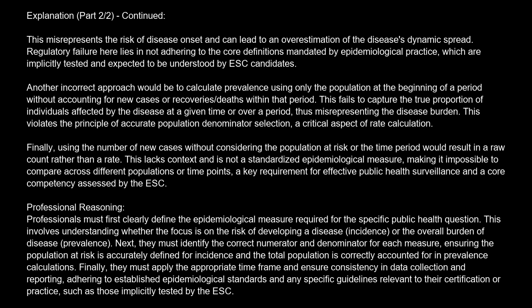Finally, they must apply the appropriate time frame and ensure consistency in data collection and reporting, adhering to established epidemiological standards and any specific guidelines relevant to their certification or practice, such as those implicitly tested by the ESC.